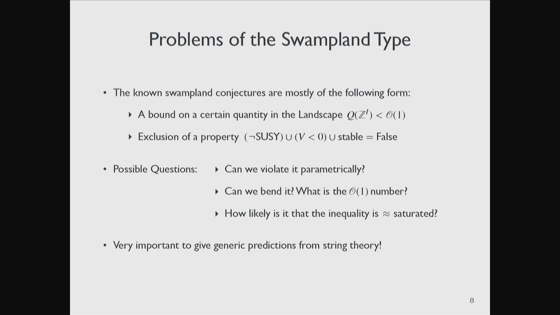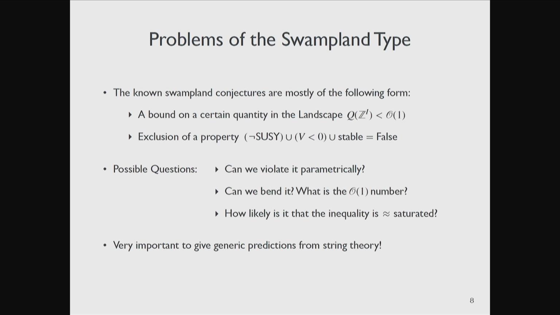So if we were sufficiently certain about one of these Swampland conjectures, then the next question is maybe can we bend it? So do we have a set of constructions that we believe are consistent? And in this setup, can we bend it? What exactly is this order 1 number? So clearly for large field inflation, for example, it's important how large precisely the scalar field displacements are that we can get in string theory consistently.